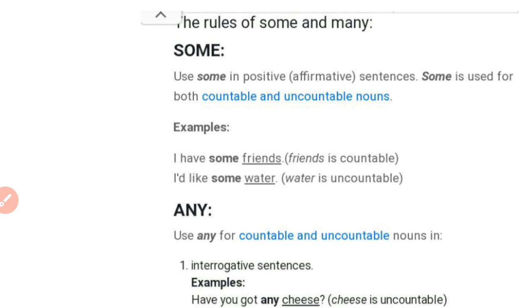Second example of some: I would like some water. Water is uncountable, but to show the quantity of water we use some. So we use the determiner some before both countable and uncountable nouns.